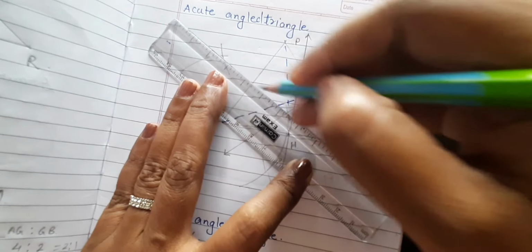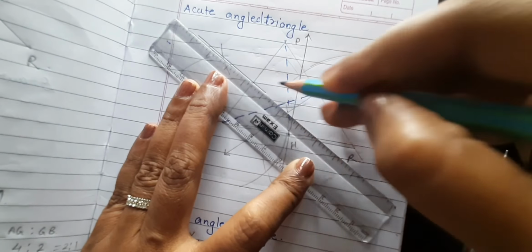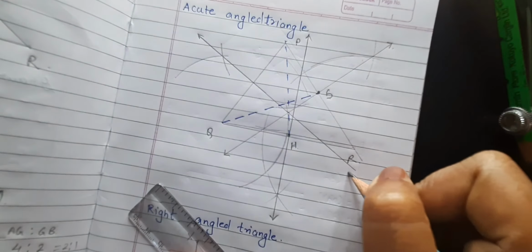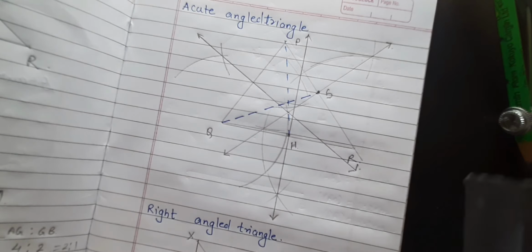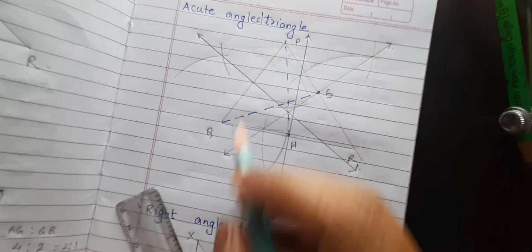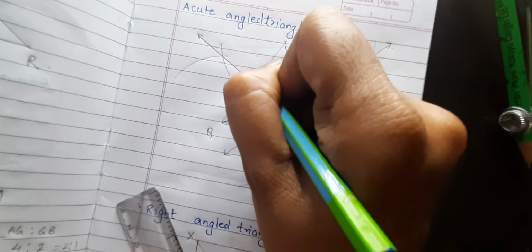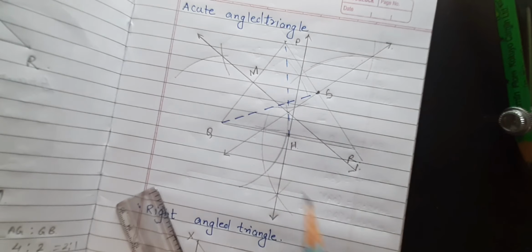Now perpendicular bisectors may meet the vertex, may not meet the vertex. So don't worry about it, okay? We are just interested in getting the midpoint with the help of the perpendicular bisector. Okay. Now here on PQ, I'll name it as M. Right. So S, H, M are the midpoints of the respective sides.